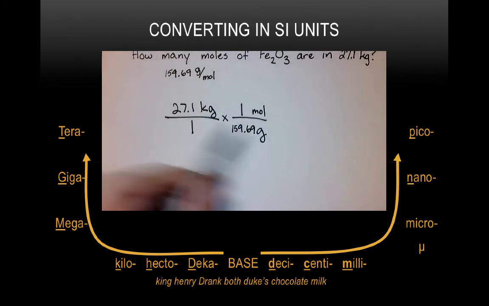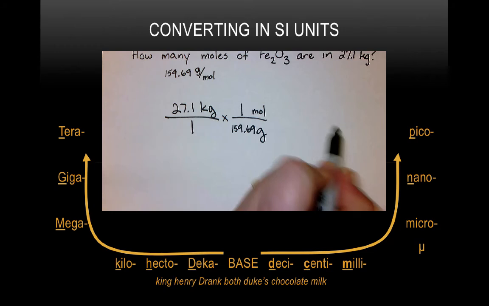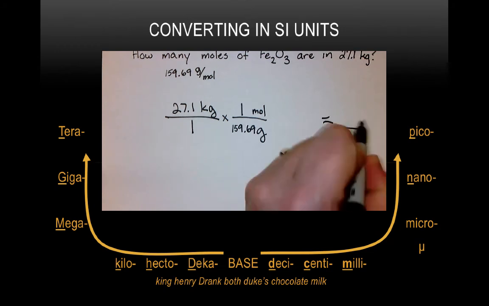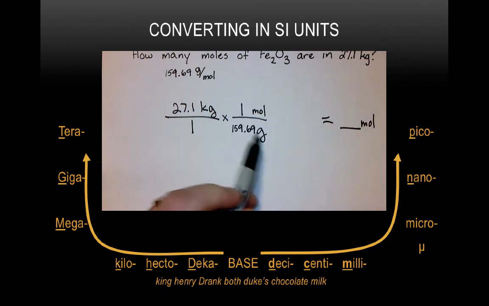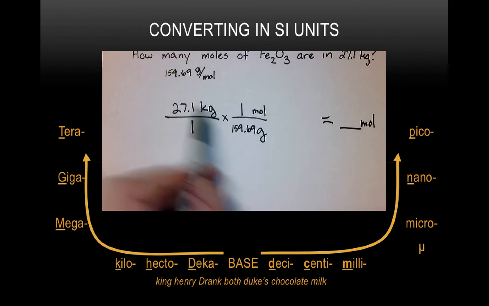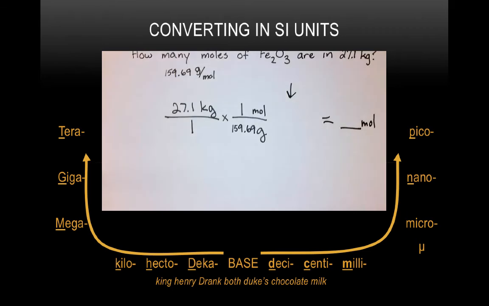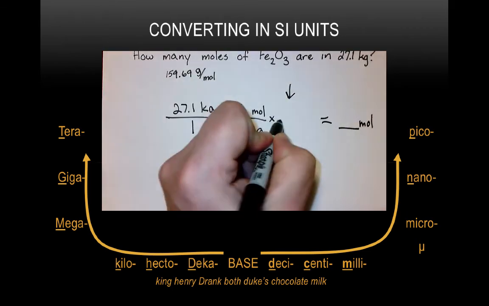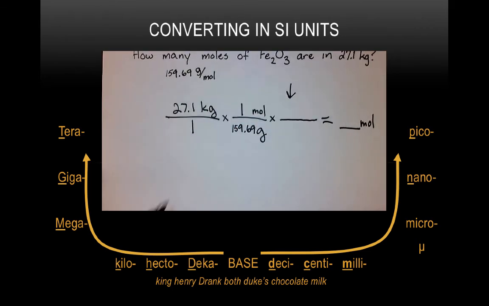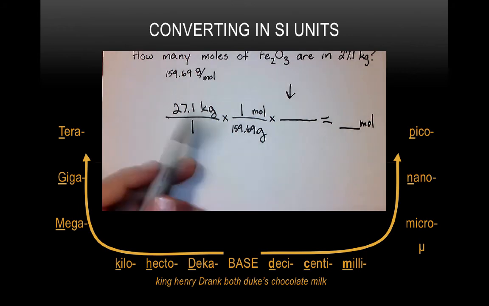And I'm going to look to cancel, and I cannot get to moles with this because kilograms and grams do not cancel. So what I need to do is add in another multiplier right here. It is my conversion factor from grams to kilograms.